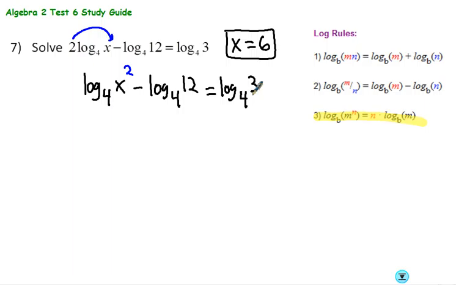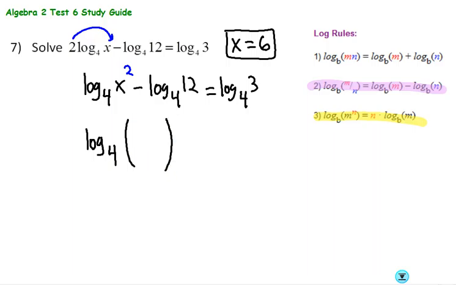Now I have another log property that says that if you want to put two logs back together, and that was not a highlighter, let me switch that. There's the old highlighter. What that says is if you have two logs that are being subtracted and you want to put them back together, you have to divide the two things.